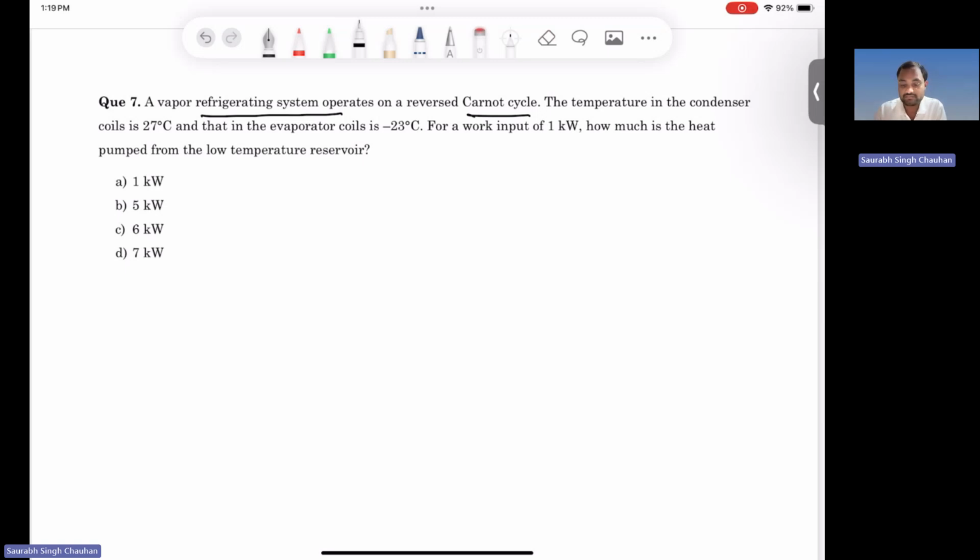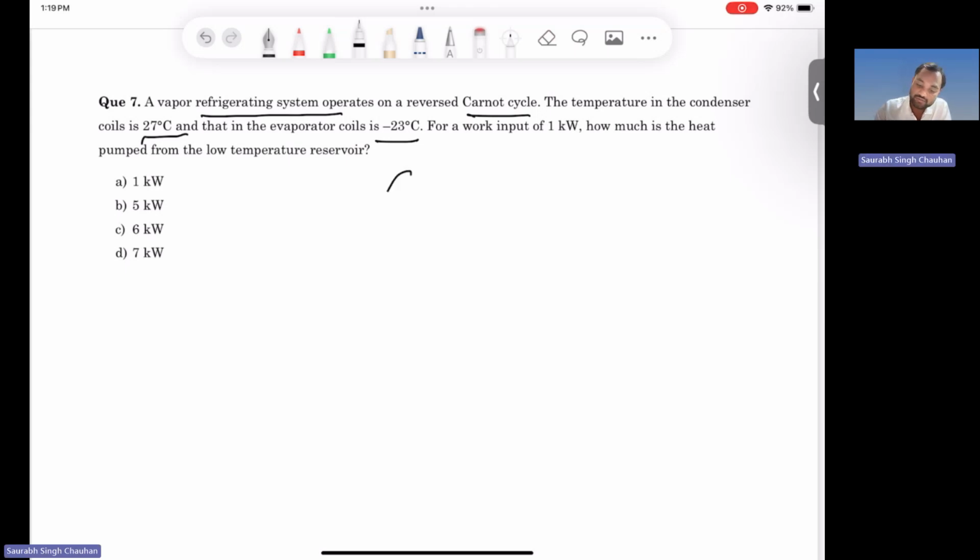It is an ideal or imaginary cycle that gives you maximum efficiency, and the reversed Carnot cycle is the imaginary cycle for refrigeration that gives you the maximum coefficient of performance. The temperature in the condenser coil is 27 degrees, and that in the evaporator coil is minus 23 degrees Celsius. For a work input of 1 kilowatt, how much heat is pumped from the low temperature reservoir?